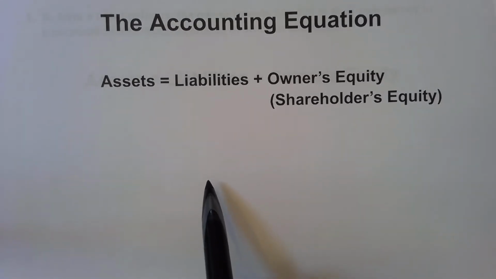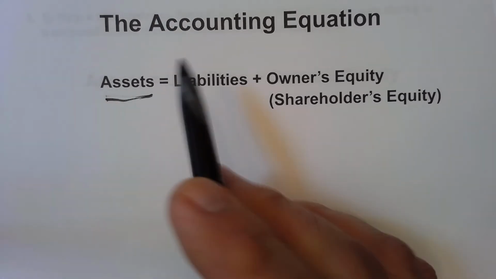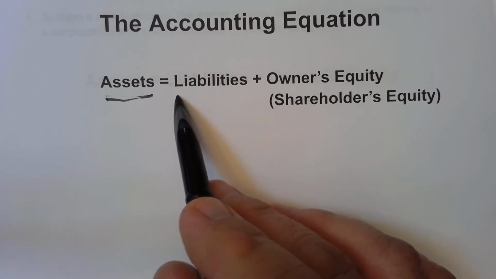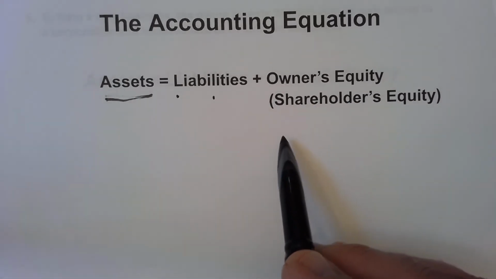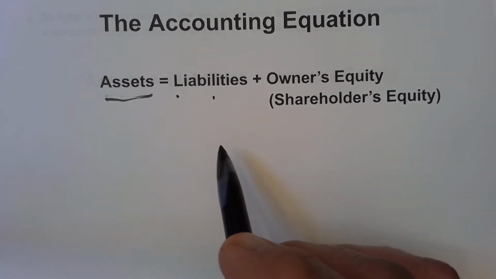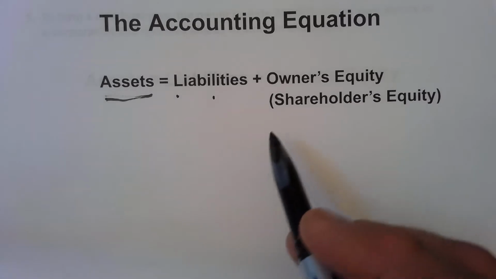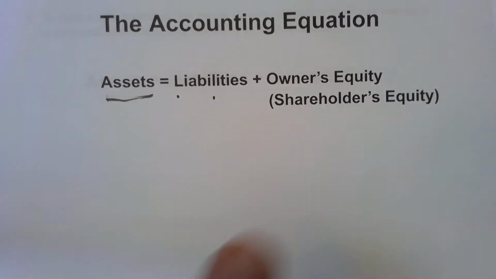Let's get into it. The accounting equation is assets equal liabilities plus owner's equity, which is sometimes called shareholders' equity or stockholders' equity. If you're new to this, I recommend you take a look at my accounting equation video, which I link to above, to learn about what the accounting equation is comprised of.